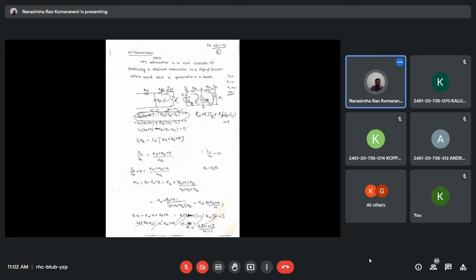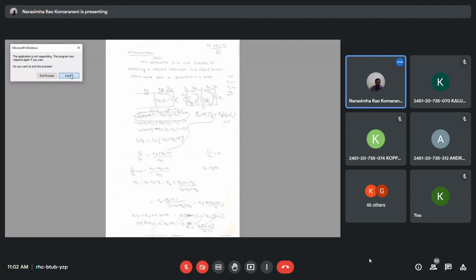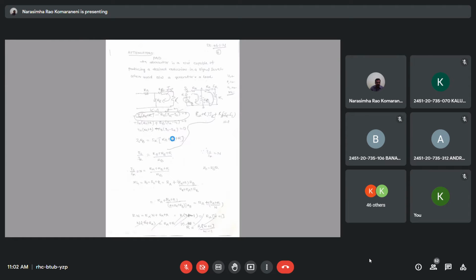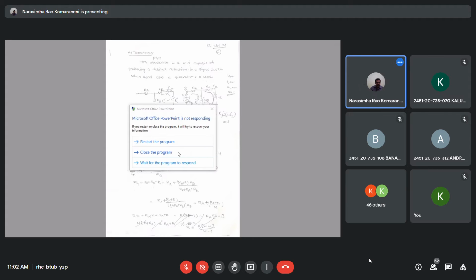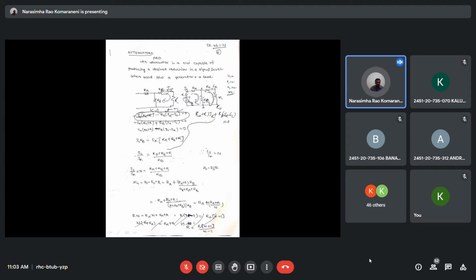If you rearrange this equation and collect the terms, you get IS times RB equal to (RA plus RB plus R) times IR.